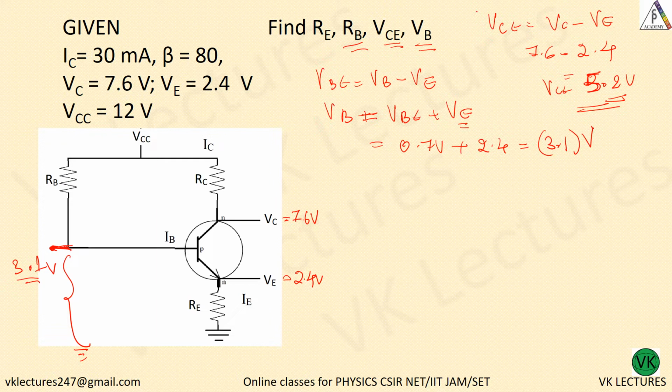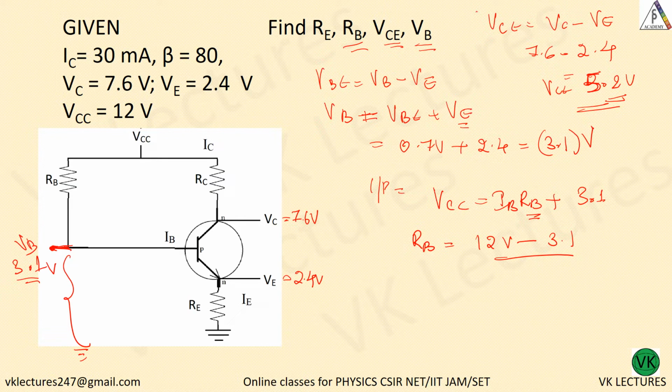So here if we are applying input KVL, VCC equal to IB RB plus 3.1 volt, or you can write VB, right? Now what we want? RB. RB is equal to VCC, what is VCC? 12 volt, minus 3.1 divided by IB.